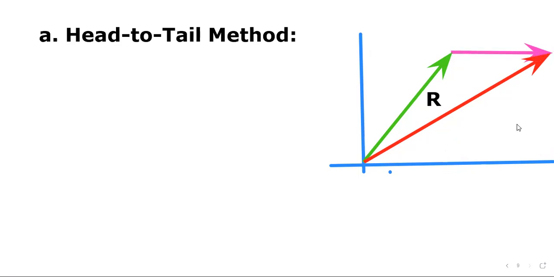The answer remains same. The resultant is same in both cases, whether you drag the one vector to the head of other vector, first vector to the head of second vector, or second vector to the head of first vector. The resultant remains same. So this method is called head to tail method.